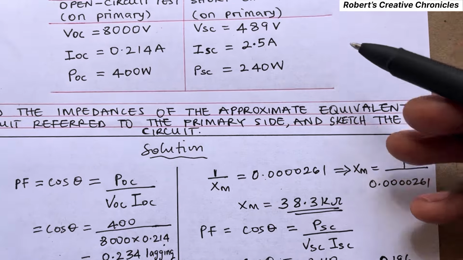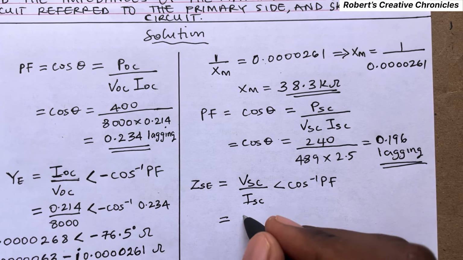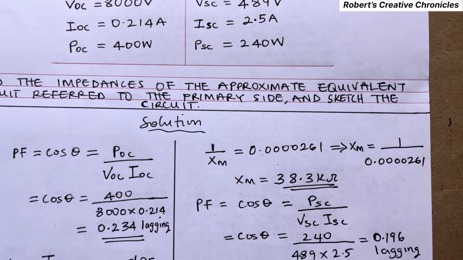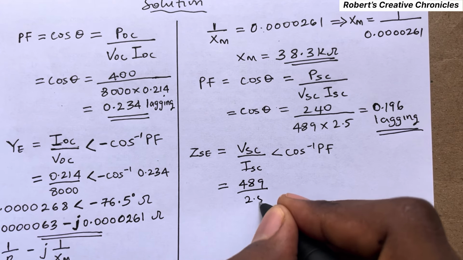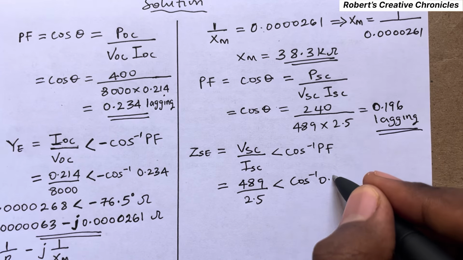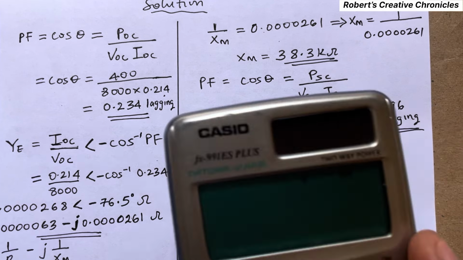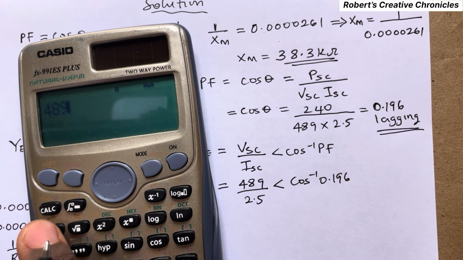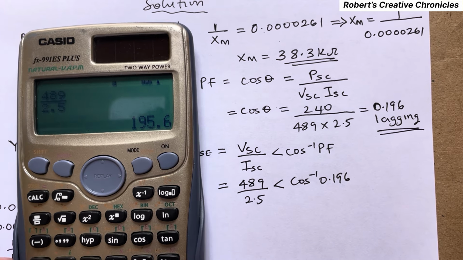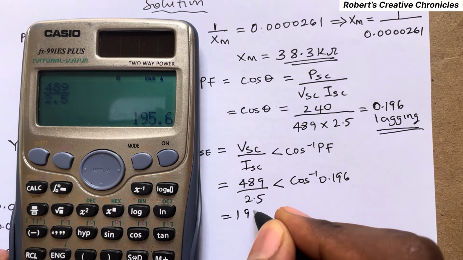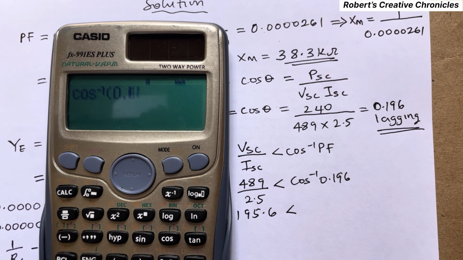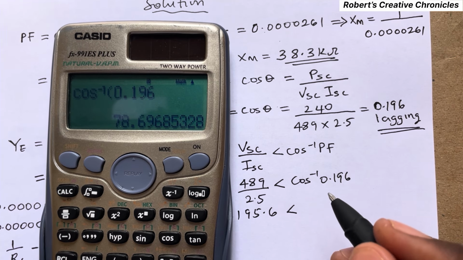The voltage is 489, the current is 2.5, and the power factor is 0.196. This is 195.6. Then cos inverse of 0.196 is 78.7.